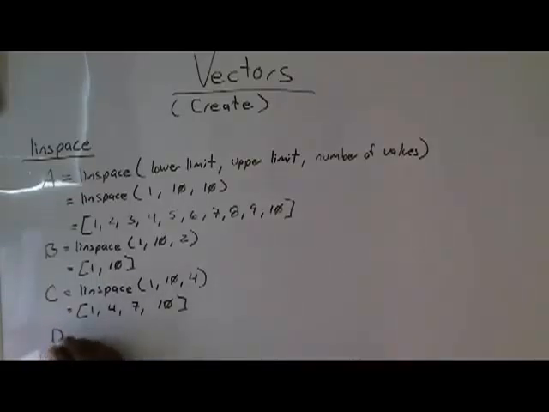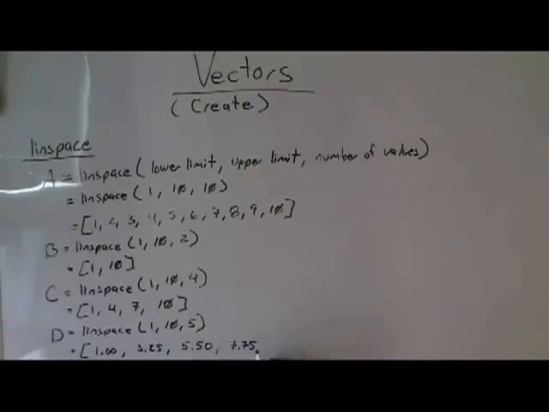Let's do one that's not so clean and involves decimal numbers. So I'm going to do linspace 1, 10, 5. And that's going to come back and give the vector 1.00, 3.25, 5.50, 7.75, 10.00.